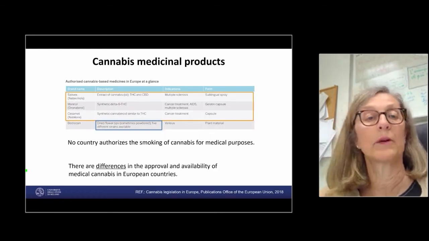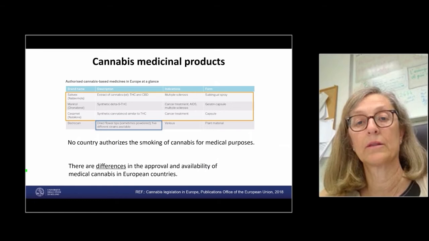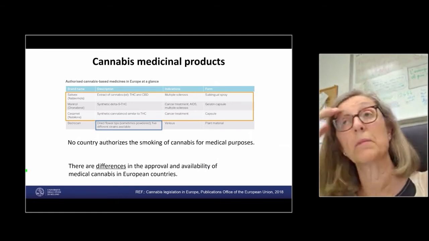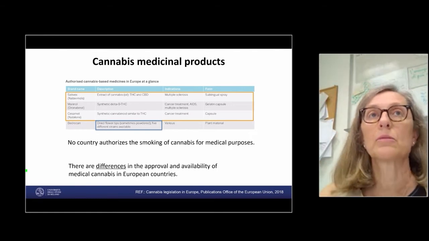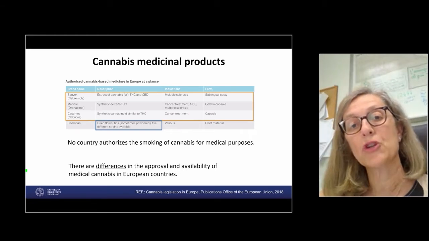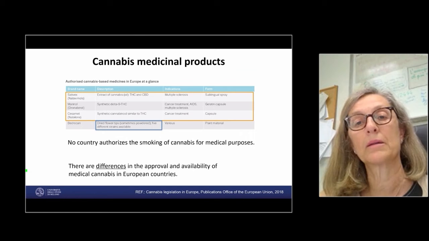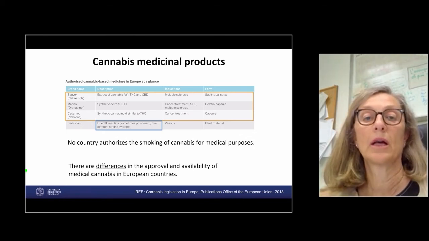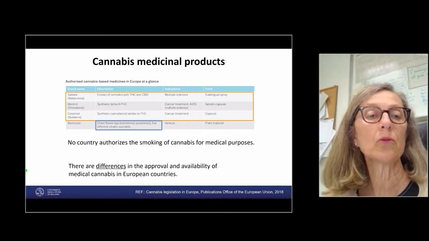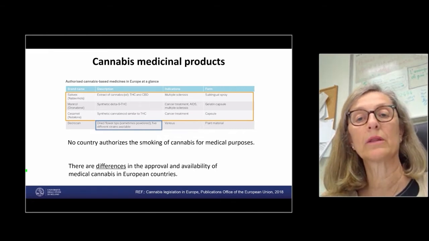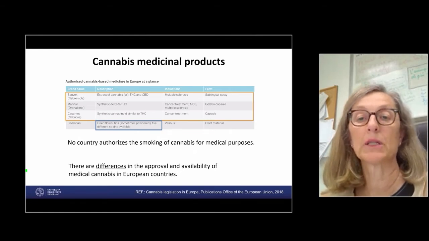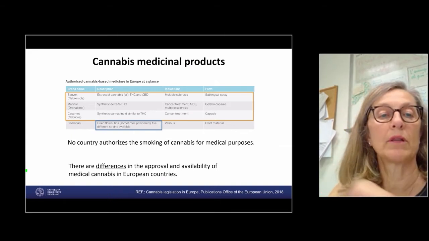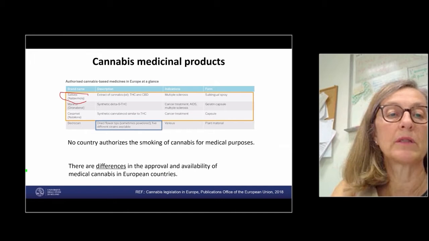That permits having different kinds of medicinal products on the market, meaning with a marketing authorization, so there were clinical trials that demonstrated the activity in some indication, mainly multiple sclerosis. In the US and other countries there is also synthetic THC that can be used in some cancer treatment, but this is not allowed, at least in Europe. What we have in Europe is this product, and this is the main indication.